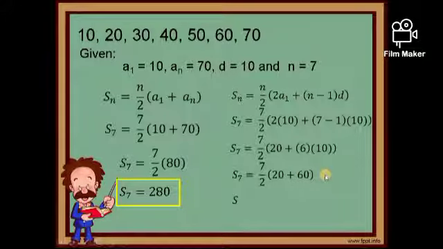Simplify again. We have S sub 7 equal to 7 over 2 times 80, which is familiar to us because on the left side we have 7 over 2 times 80. So they are the same, meaning the answer is also the same. So S sub 7 here is equal to 280.